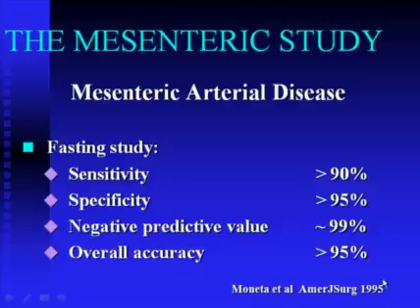In fact, this report published over 15 years ago now shows very clearly the fasting study is extremely sensitive and specific for chronic mesenteric arterial disease, a very high negative predictive value of virtually 100%, and an overall accuracy greater than 95% in making this diagnosis. So it is no longer necessary to do this kind of postprandial challenge. All of the data you get in the fasting study is perfectly adequate to make the diagnosis of chronic mesenteric ischemia in these patients.